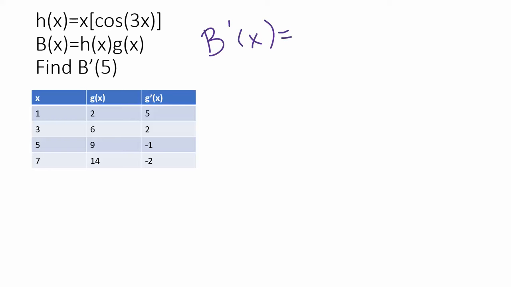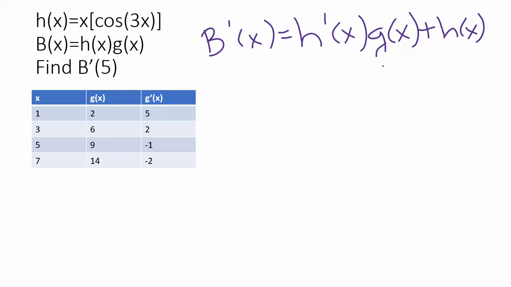So the product rule is going to tell me that I need to take the derivative of the first. So that would be h prime of x times the second, g of x, plus the first, h of x, times the derivative of the second, so g prime of x.